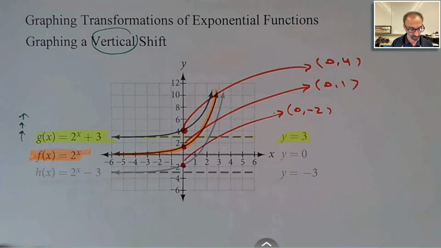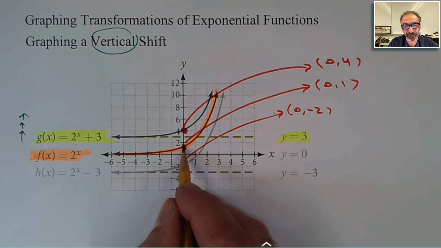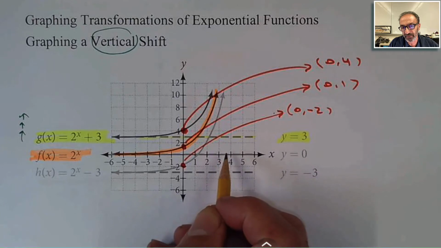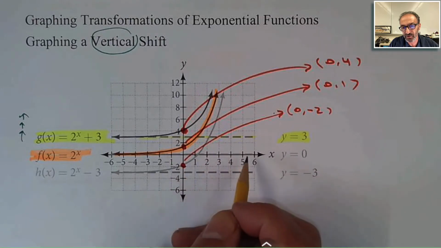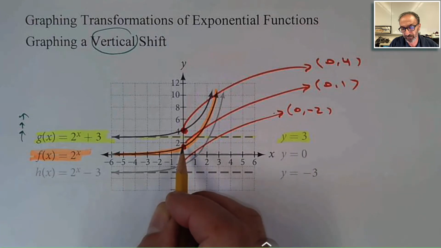Now, one comment that I would like to mention here: if you are standing at this point and you want to move up, you could imagine the x-axis, which is y equals 0, as a horizontal asymptote that is going to move with you.